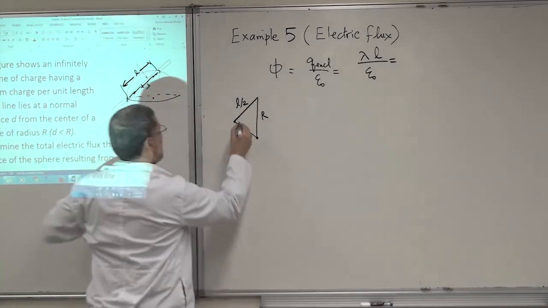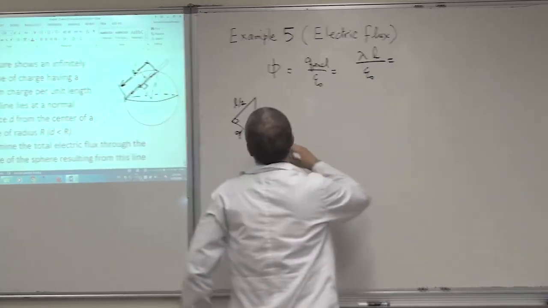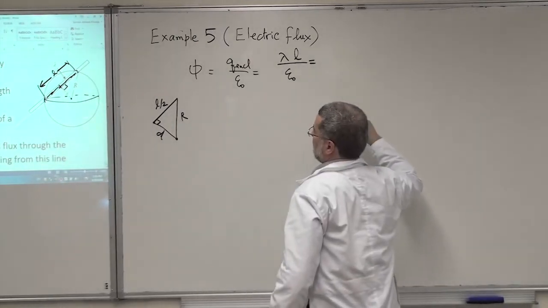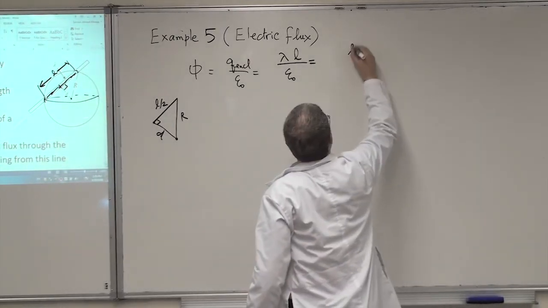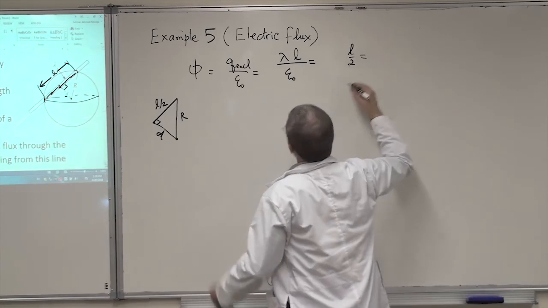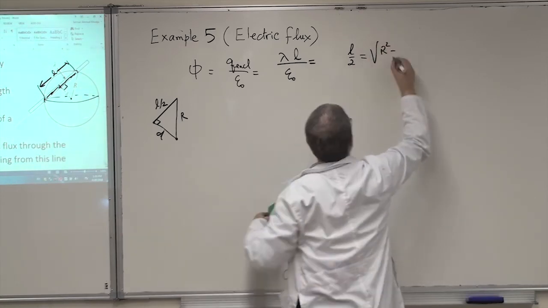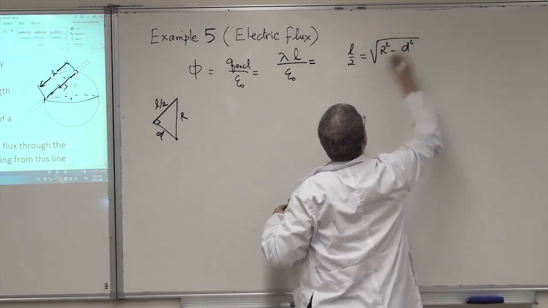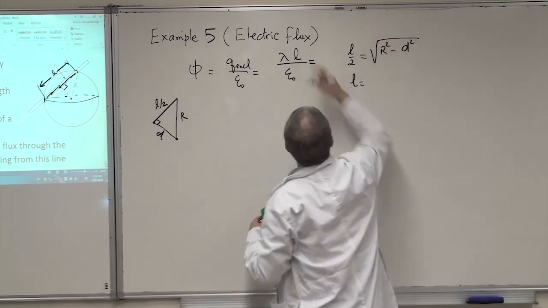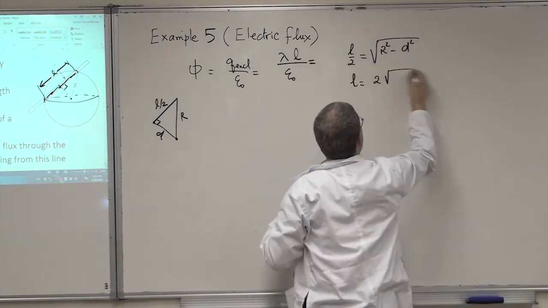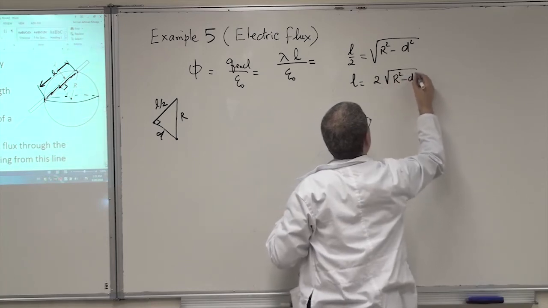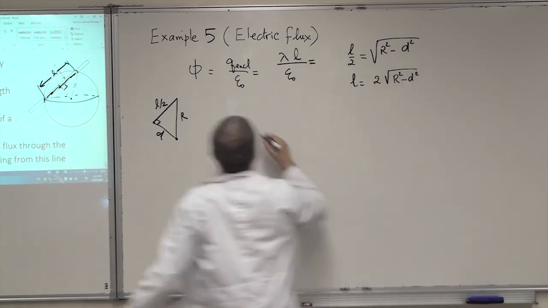So L over 2 is the square root of R squared minus D squared. So L, which is what I want, is 2 times the square root of R squared minus D squared, and I put it there to find the flux.